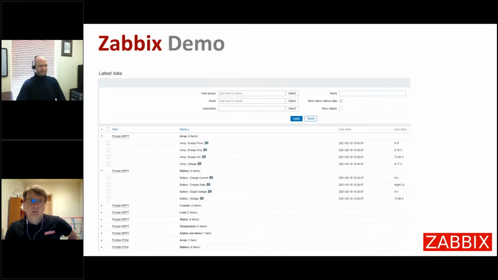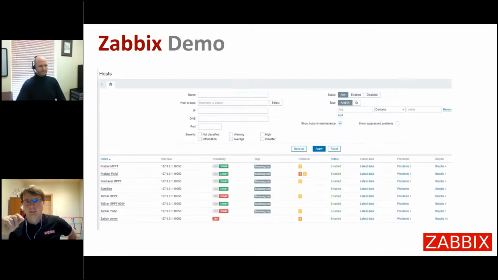And if we switch to the next slide, we can see the same host that we saw on the first slide in configuration. This one is more of an overview. So here we would see each host, whether it has any problems, by severity, whether monitoring is enabled.